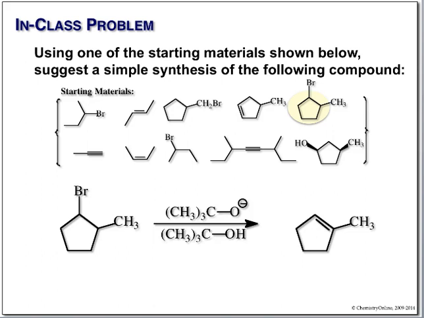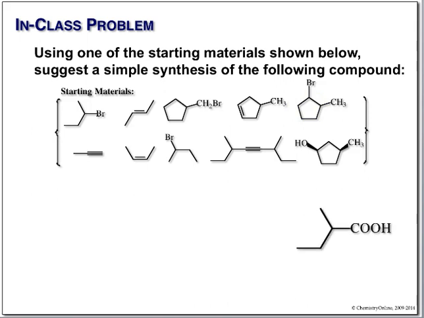It's just going to act as a base, yank off the hydrogen, and give us the alkene. Big, ugly base. Can't do substitution. Therefore, you only get elimination. Everyone write down big, ugly base? I hope so.